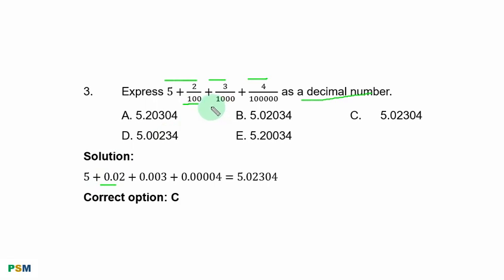If you divide the next fraction, you have this result. If you divide the last fraction, you have this result. When you add together, you have 5.02304. The correct option is C.